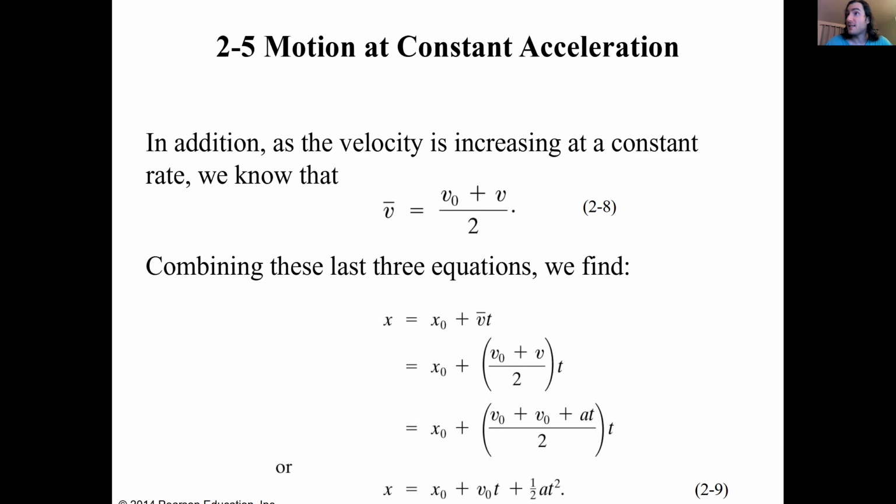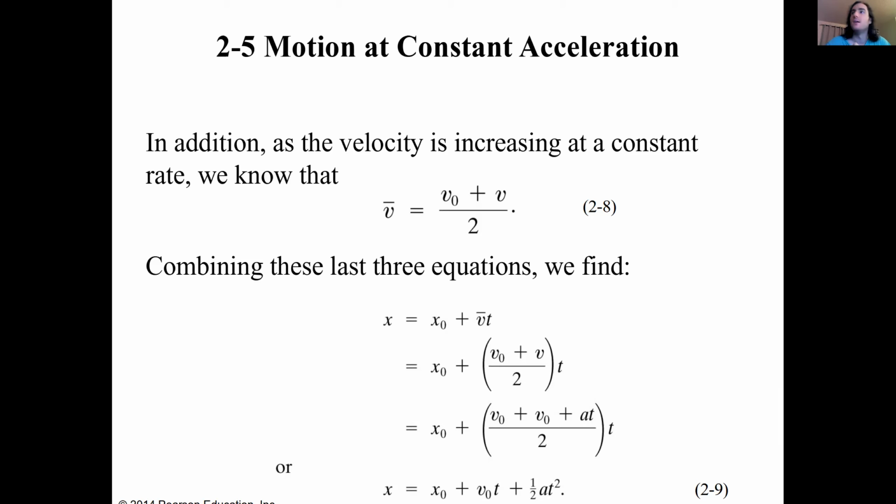And so we make sense of that equation in that sense that we begin at an initial position and then we travel some distance, and that's our new position or our new displacement. And we can take that 2-8 formula and plug it straight in to this expression for x.